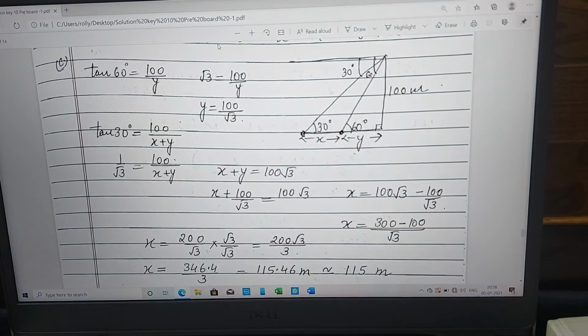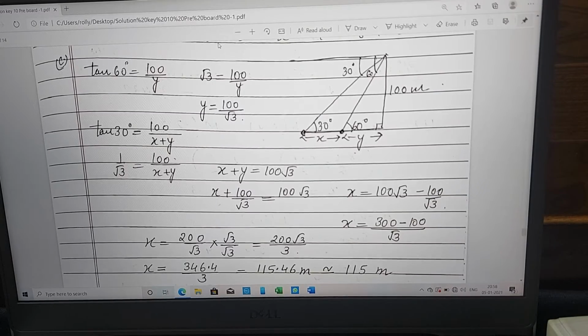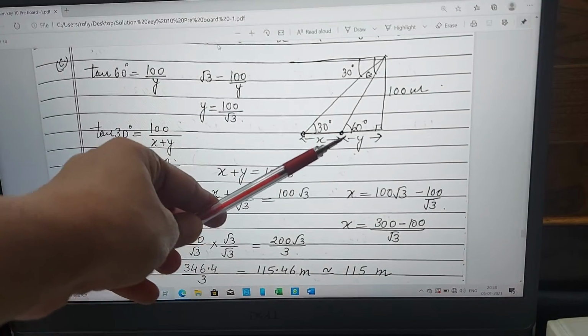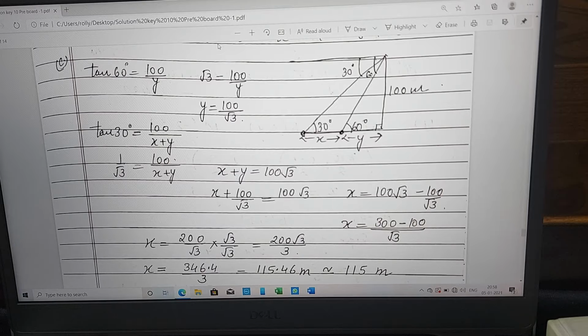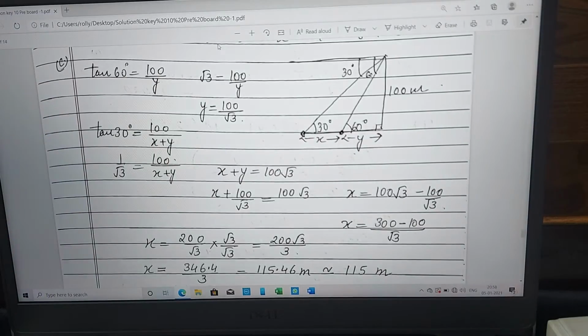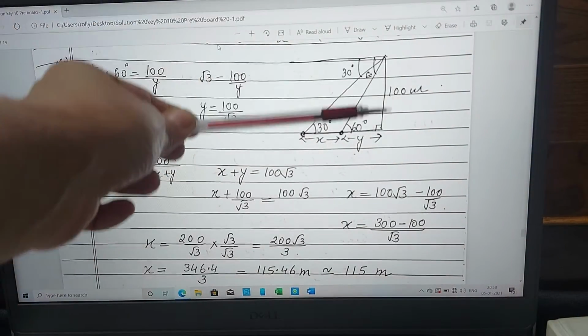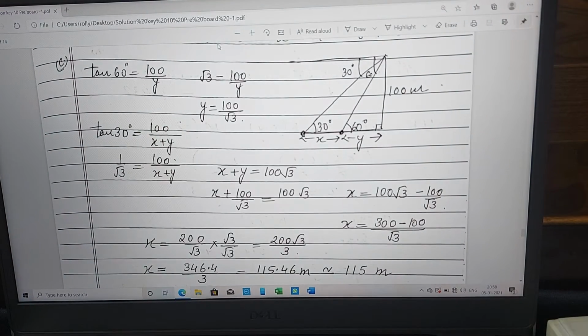So first of all, we have taken the smaller triangle and we have calculated the value of y from here. tan 60 is equal to 100 upon y. Value of y is 100 upon root 3. You can rationalize it or you can leave it like that. Then the complete triangle has to be taken because the triangle has to be right angled. Tan 30 is equal to 100 upon complete x plus y.